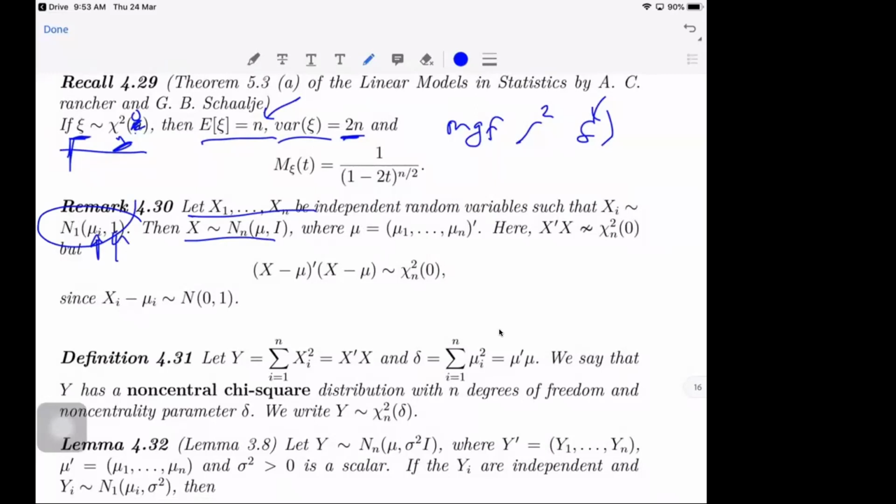Then your vector x1, x2 to xn will become normal distributed. It's still normal distributed with mean equal to mu, but your mu here ang forma ana kay mga mu i's man na. Your mu here is actually mu1, mu2 to mu n. Okay, each of them will have mu i's.